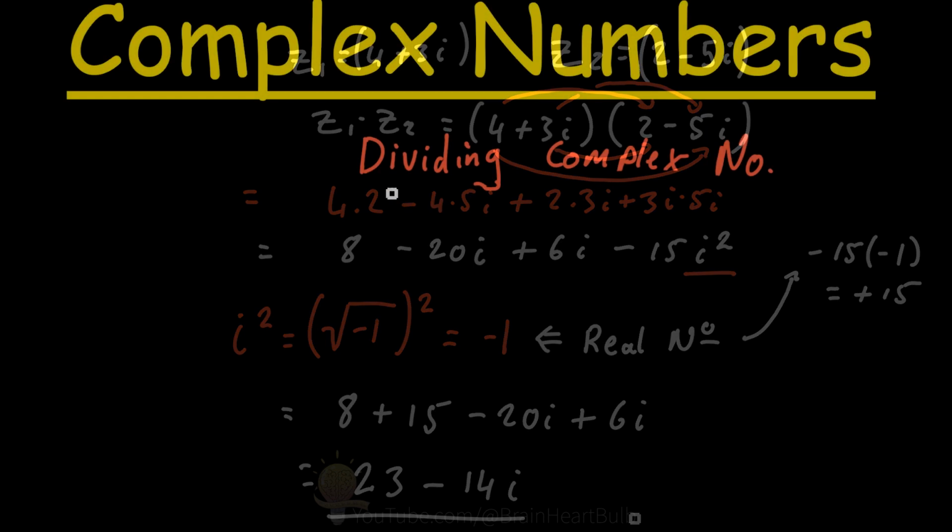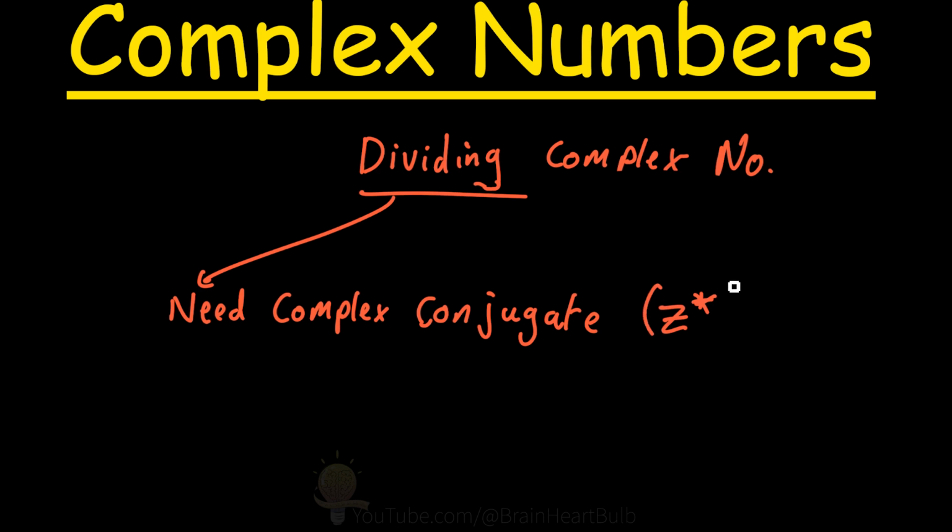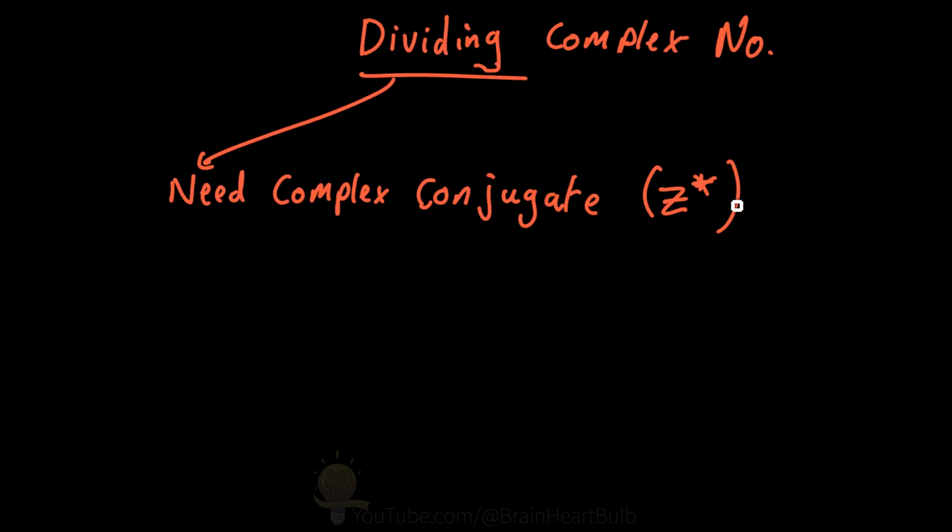Now, dividing complex numbers is slightly more involved and requires us to find the complex conjugate of a complex number. And you'll typically see this summarized as Z star in physics. But the complex conjugate of a complex number is found by flipping the sign of the imaginary part of the complex number. So let's use this complex number as an example.